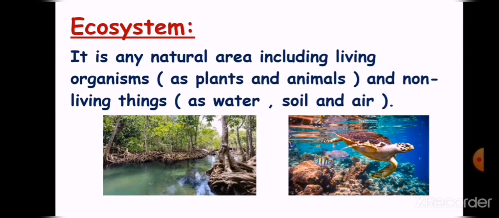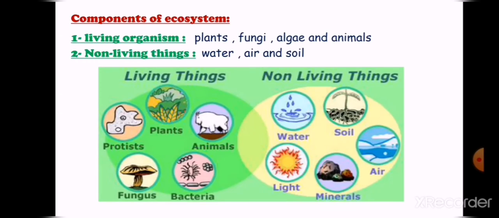So the components of the ecosystem are living organisms and non-living things. Living organisms like plants, animals, fungus, bacteria or algae, but non-living things like water, air, and soil.